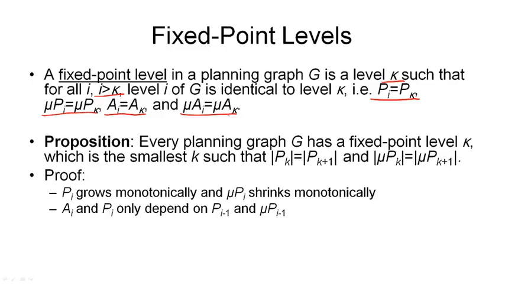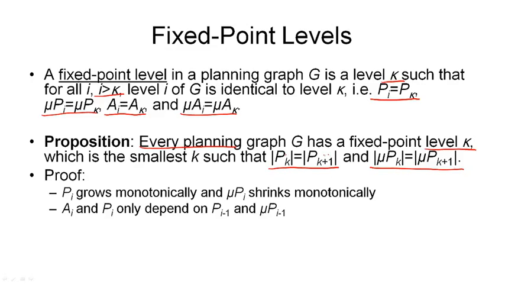And the important thing is, of course, that every planning graph must have a fixed point level k. That is the smallest k for which the proposition symbols in one layer are the same as the ones in the next, and the mutex relations that hold in that layer are also the same as the next. Note that these two proposition layers must be the same if the two sizes are the same.